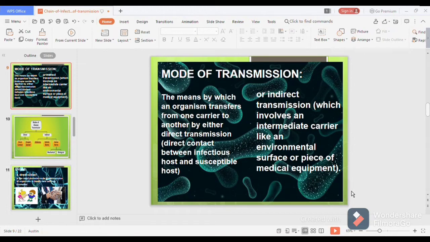So this explains that in every organism they have direct and indirect, and direct involves the chain of transmission of one microorganism transferring to another substance.